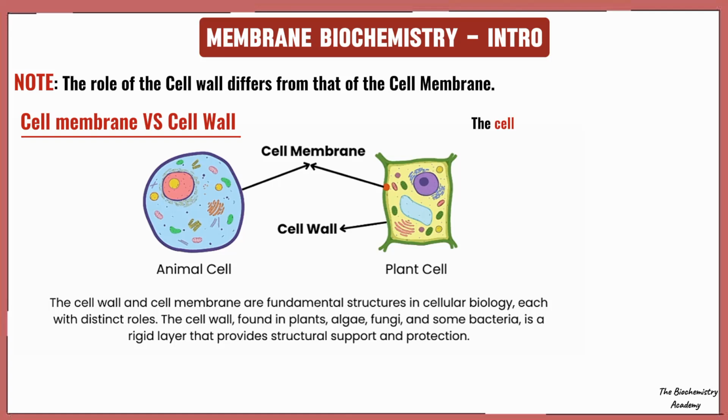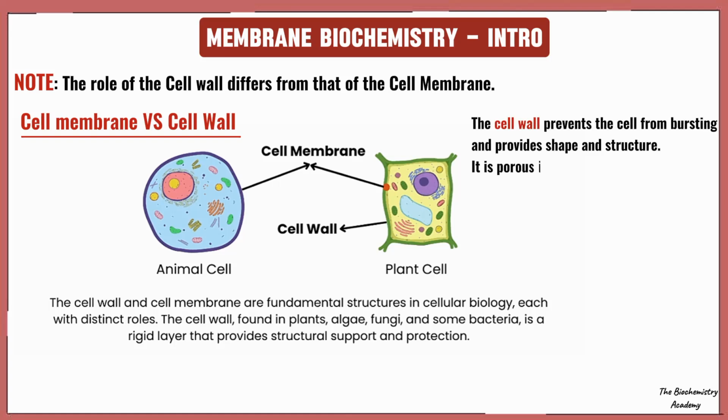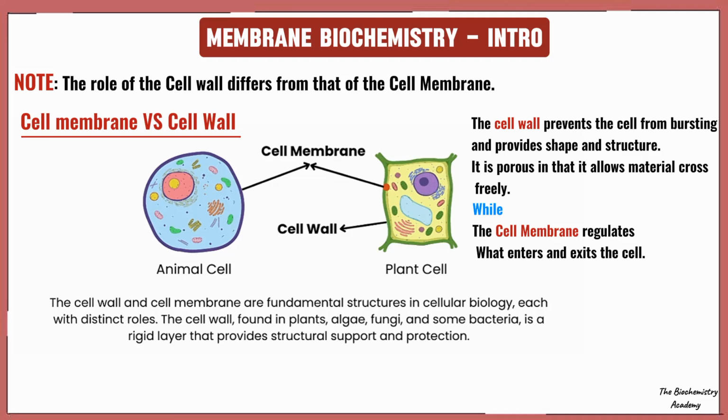The role of the cell wall is that it prevents the cell from bursting, as well as giving the cell shape and structure. Cell walls are porous and they allow almost everything to cross into the cell, while the cell membrane regulates what enters or exits the cell.